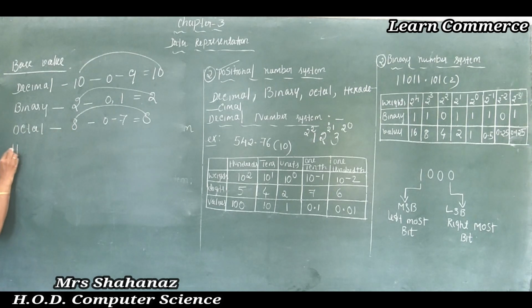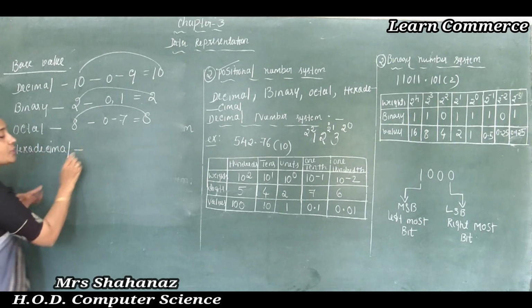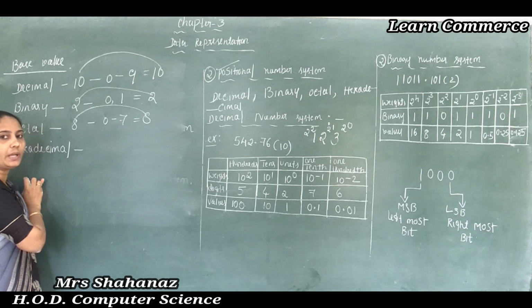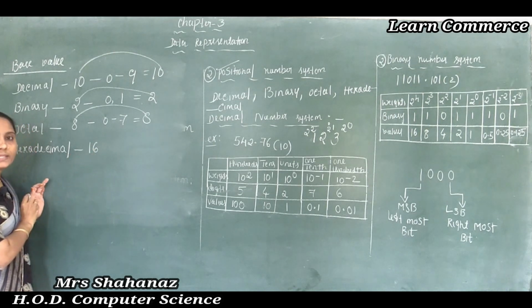And later the last number system is the hexadecimal number system, okay. The hexadecimal number system contains a total of 16 digits.